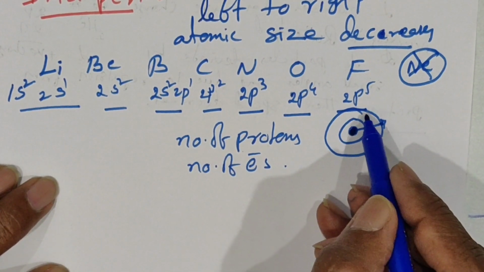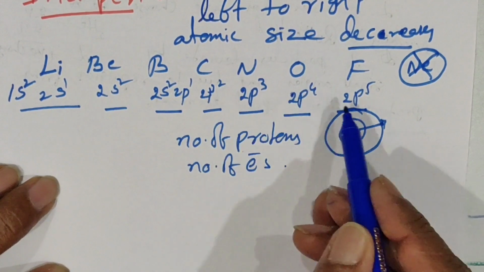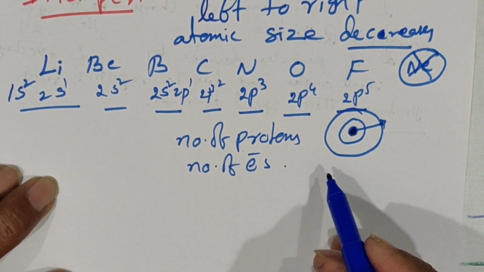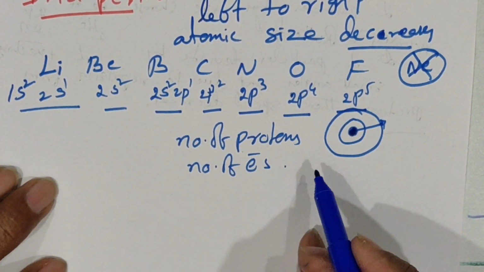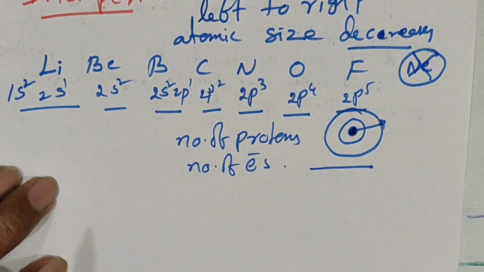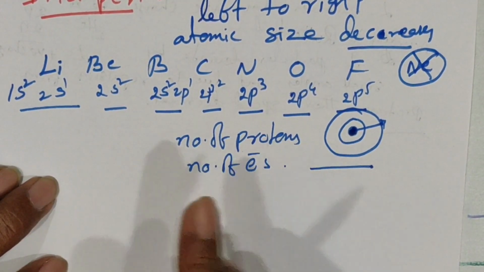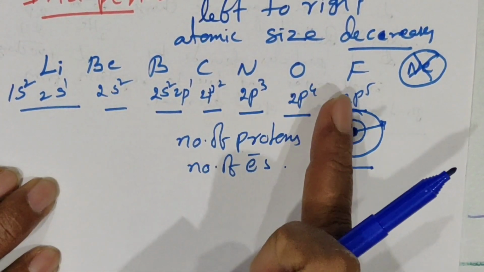So size decreases from left to right, because the important reason is that the differentiating electron enters the same orbit. That's why all have only two orbits. The number of protons increases from lithium to fluorine.